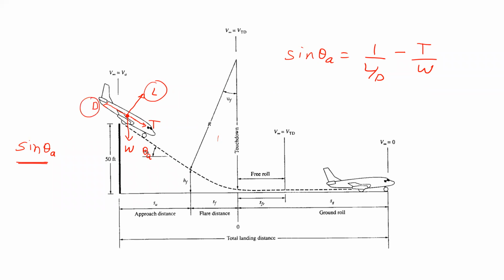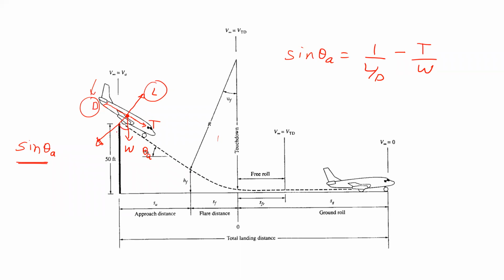W is not completely along this line, so which way are you decomposing it? Along the flight path, we will have a W sine theta component. W sine theta, not D. Sorry, I heard it as D. No problem.